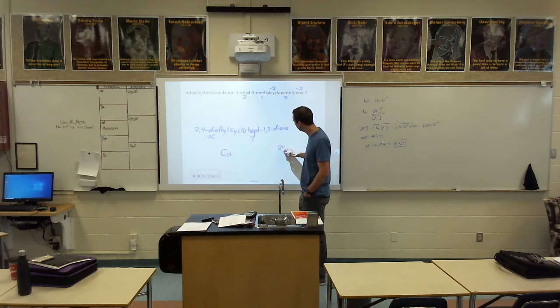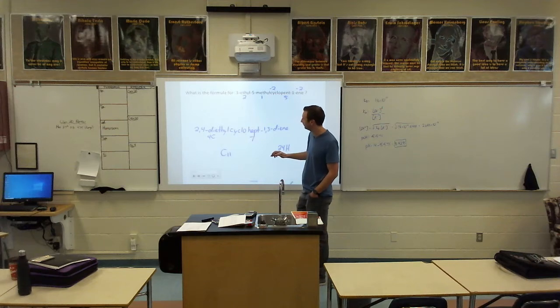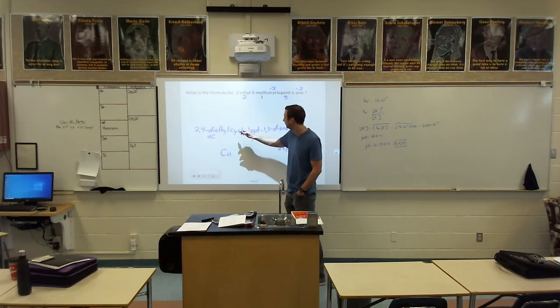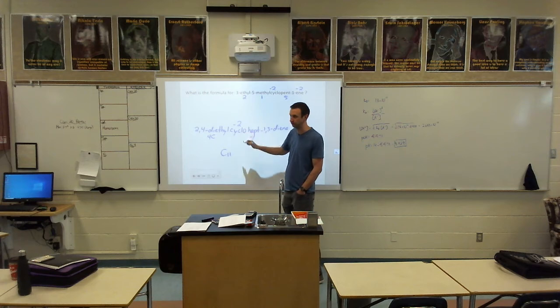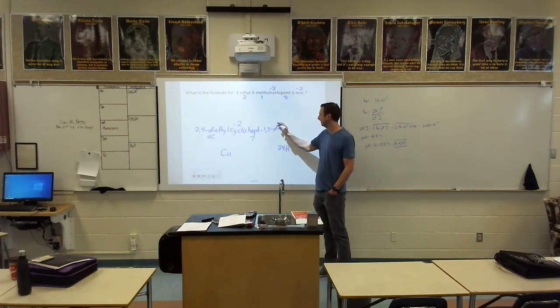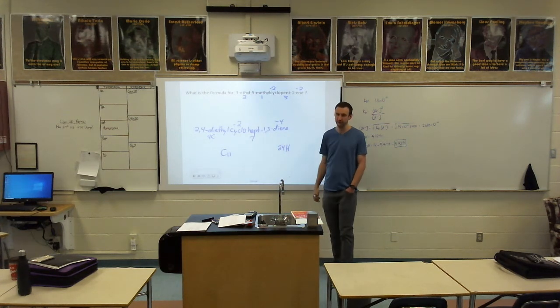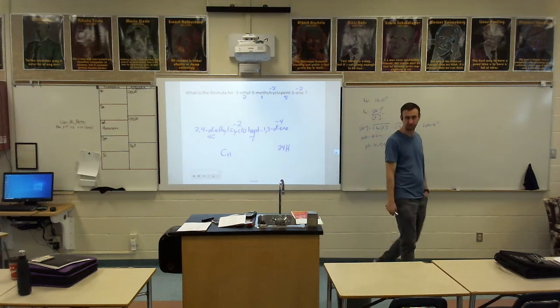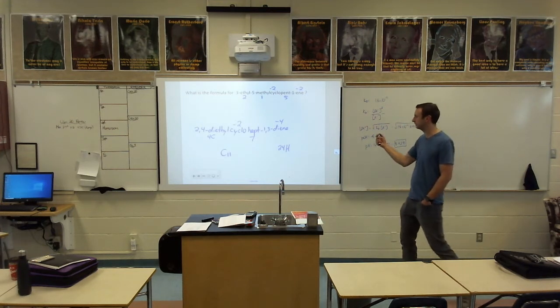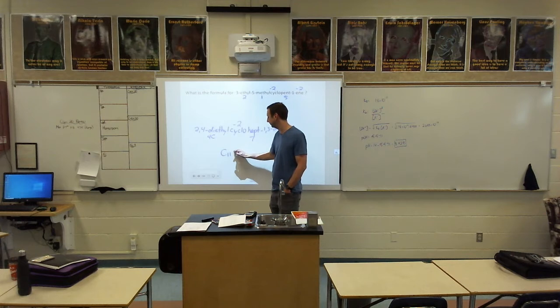So I'm starting with 24 H's. Now let's make my subtractions. Cyclo minus 2, diene minus 4, because I have two minus 2's. So I take away 6 from this, it's C11H18.